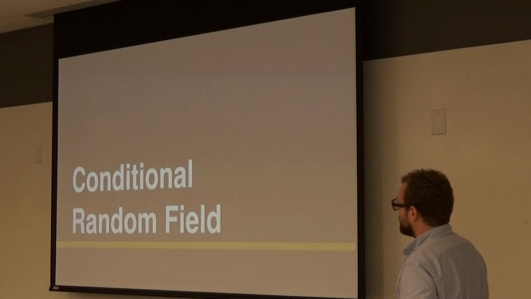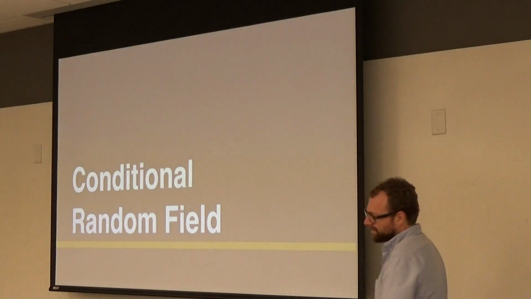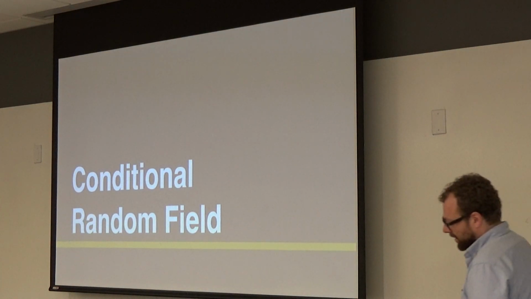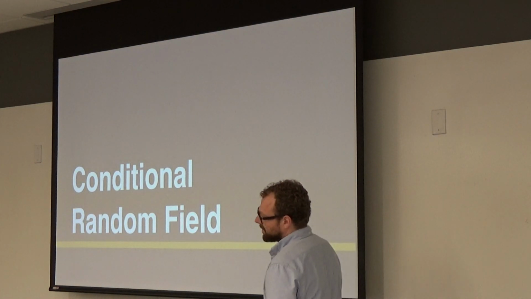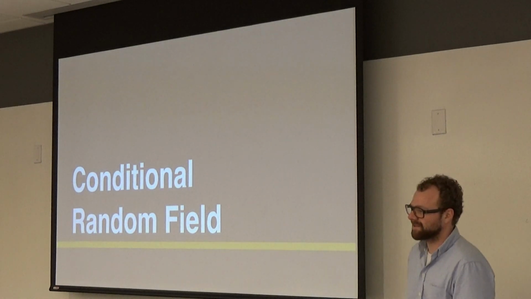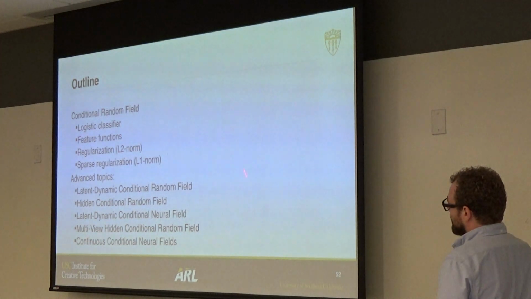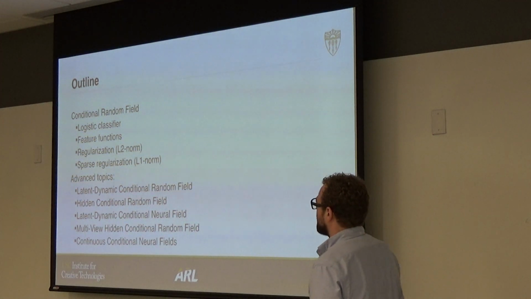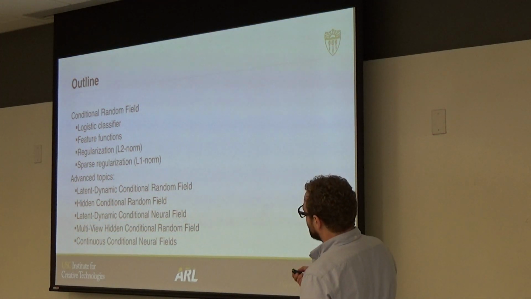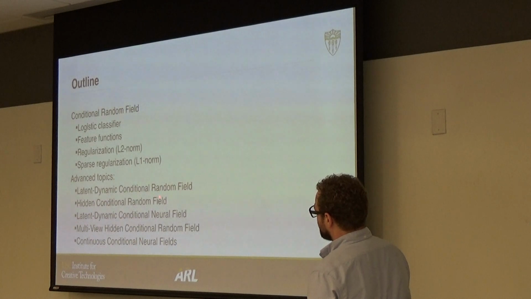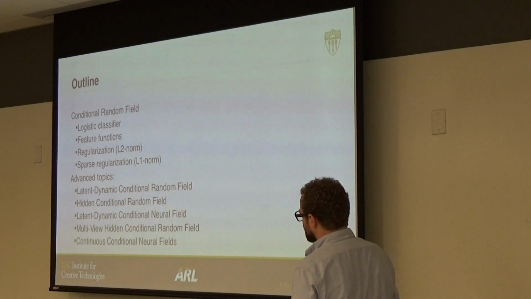If not, we move on to conditional random fields, which are basically the discriminative version of these sequence classifier models. And just as an outline, we're going to talk a little bit about the logistic classifiers, feature functions, some regularization. Then there are many advanced versions of these.